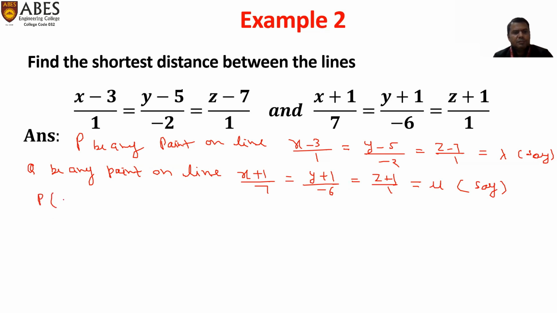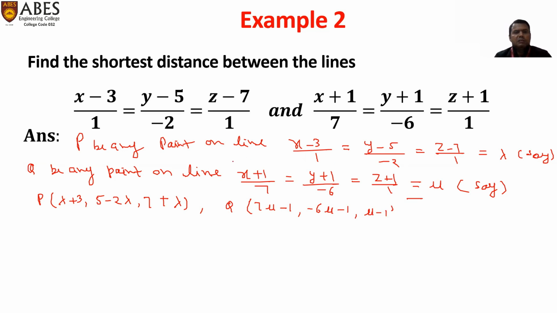P is (lambda plus 3, 5 minus 2 lambda, 7 plus lambda). And from line 2, we get the point Q, which is (7 mu minus 1, minus 6 mu minus 1, mu minus 1). These are the two points on these two lines.